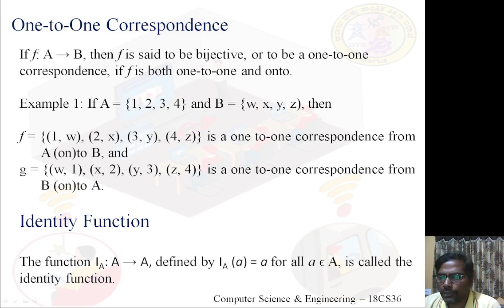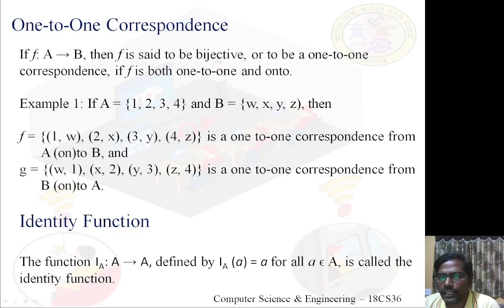To call function g 1 to 1, all elements of its codomain, that is A, should appear at most once as an image.